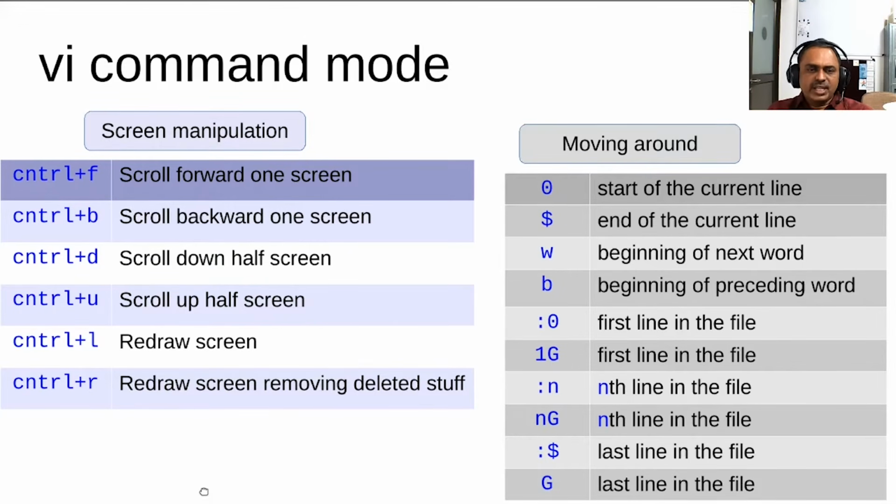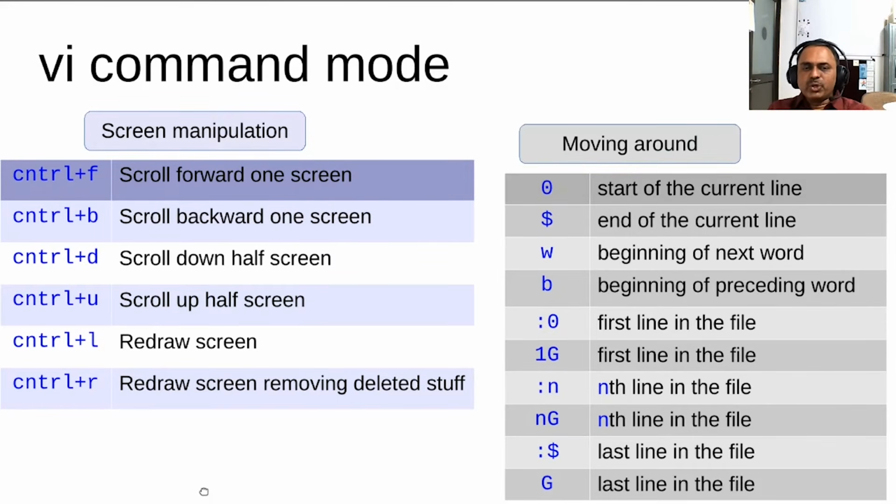And sometimes, let us say you have made some changes and in a very slow terminal you would like to refresh the screen, Control L would do that, the same thing as what you do on the shell. Control R would also do it by deleting some characters that you have done with some commands. So if the terminal was not fast enough, then you can ask it to refresh it for you by pressing these keys.